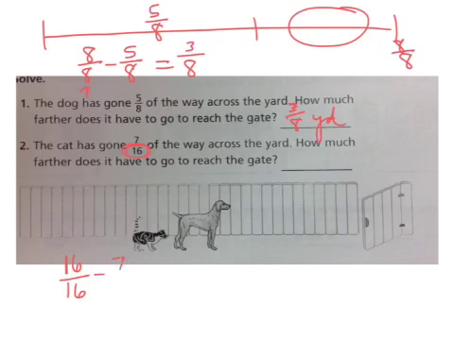And now we can subtract 7/16 because our denominators are the same. And 16 minus 7 is 9. So she has 9/16 farther to go. I'm not sure why I put yards on the first one, because we don't really know that we're doing that. So it's just 9/16 of the way, I guess.